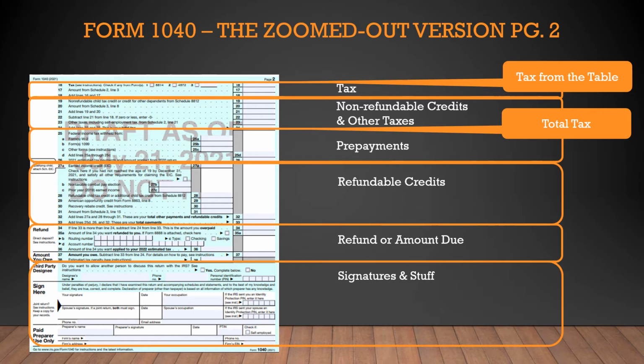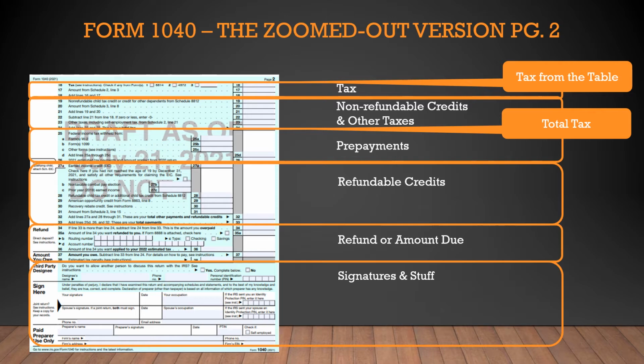Then there's another line for things like alternative minimum tax. That is out of scope for us, so we don't need to worry a lot about it right now, but just so you know why there's another line.